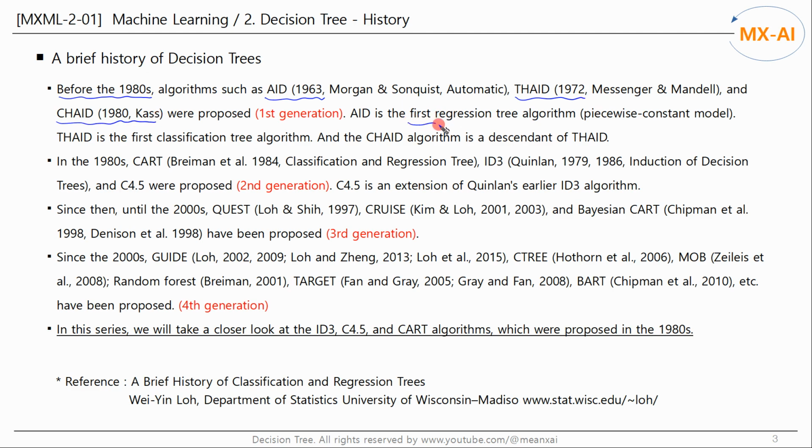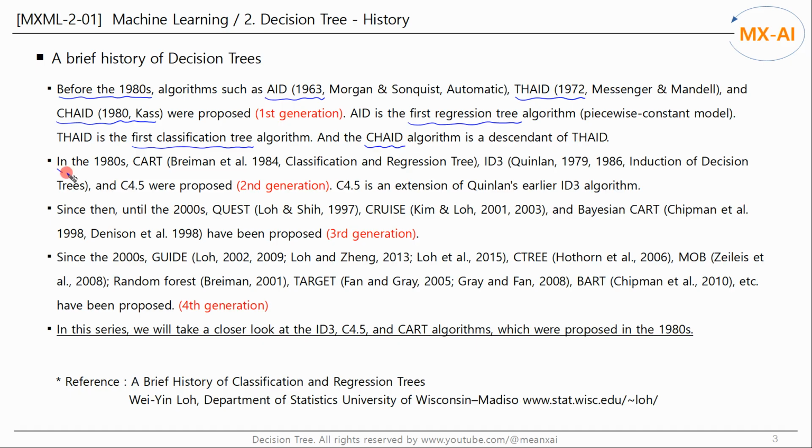AID is the first regression tree algorithm, and TIDE is the first classification tree algorithm. CHAID is a tree algorithm that extends the earlier AID and TIDE and performs both classification and regression.